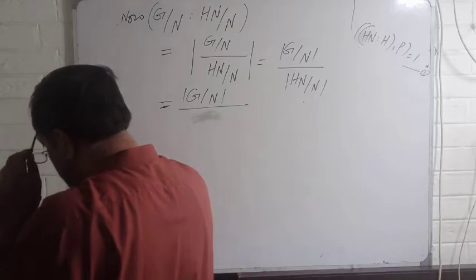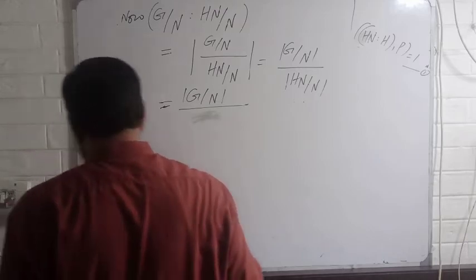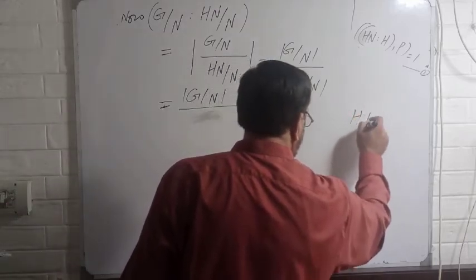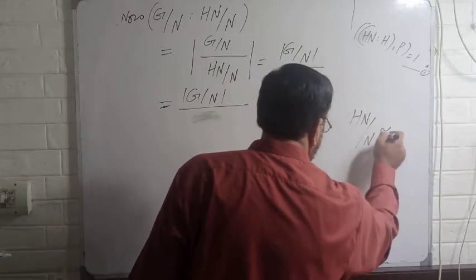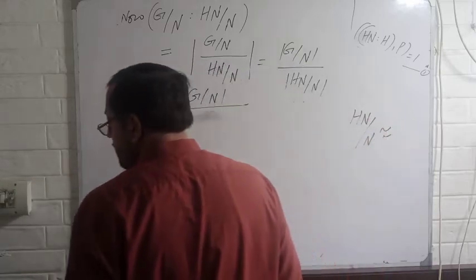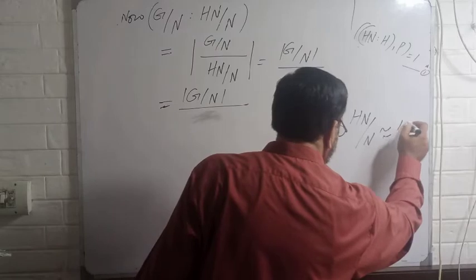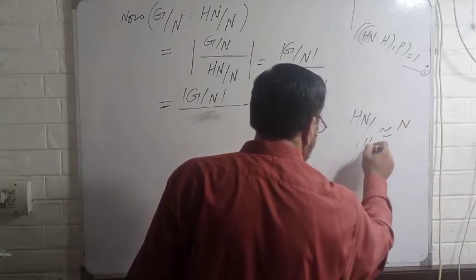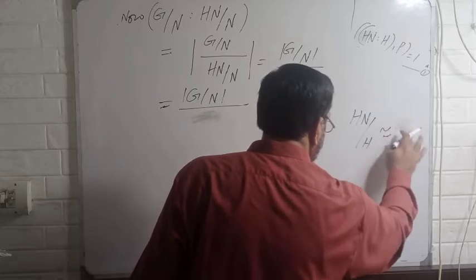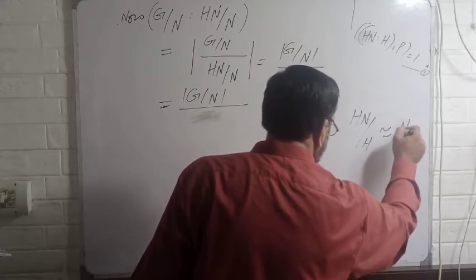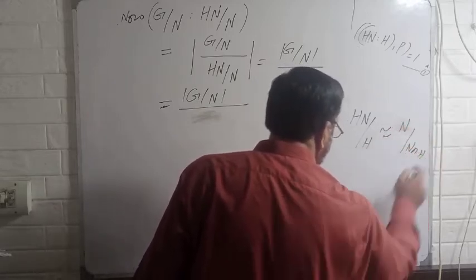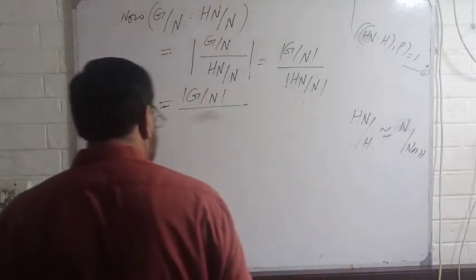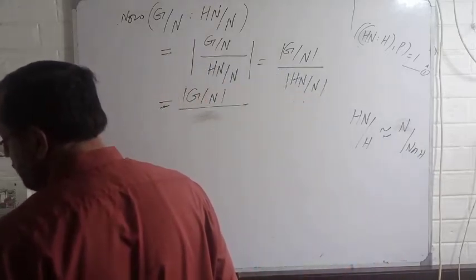By the last theorem you have seen that HN by N was isomorphic to H by N intersection H, right? This was the theorem.